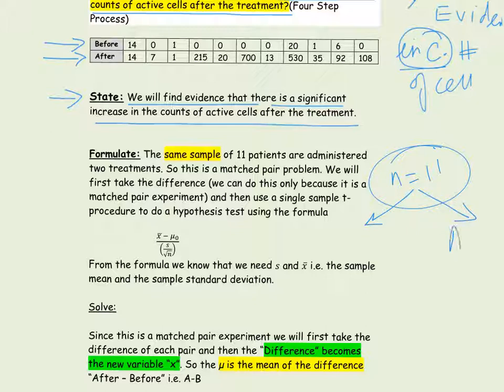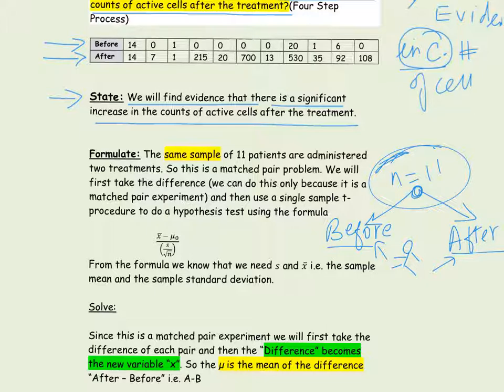After getting the treatment, the number of active cells is measured, and before they get the treatment, there's always a number that we have to make a note of. So the same 11 patients are measured twice, one before the treatment and one after. The same person gives us two numbers, before and after. So that makes it a matched pair experiment.